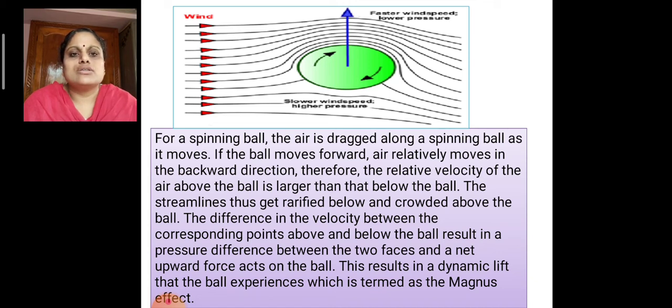The difference in velocity between the corresponding points above and below the ball results in a pressure difference between the two faces, and a net upward force acts on the ball. This results in a dynamic lift that the ball experiences, and this is termed the Magnus effect.